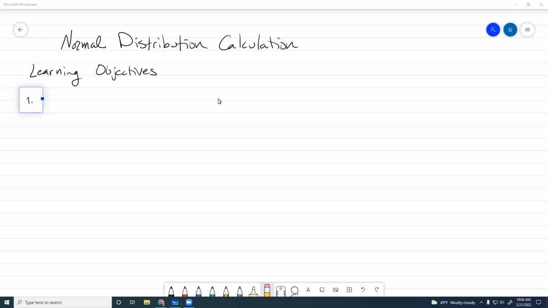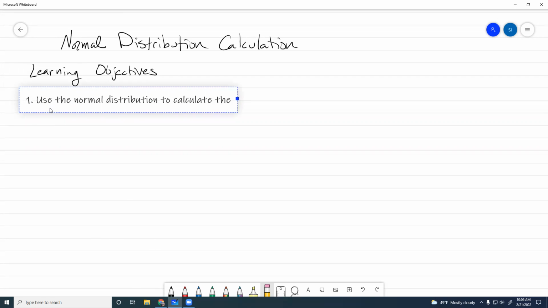So today we're going to continue our conversation about the normal distribution and use it to calculate probability. Well, first, what are our learning objectives? We're going to use the normal distribution to calculate the probability of normally distributed random variables.